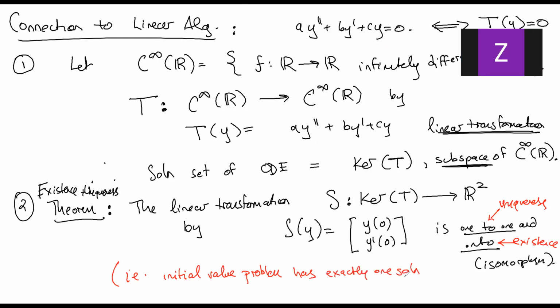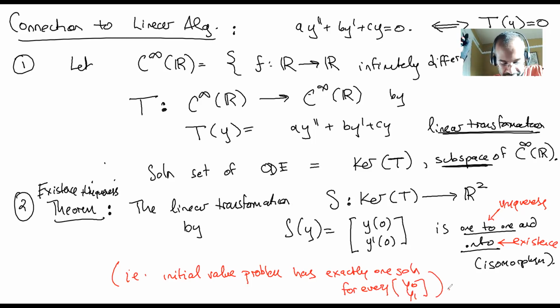I had a question. Wouldn't S be an isomorphism then? Yeah, it is an isomorphism. Okay, so then isn't our solution space going to be two-dimensional? Exactly, that's the punchline.